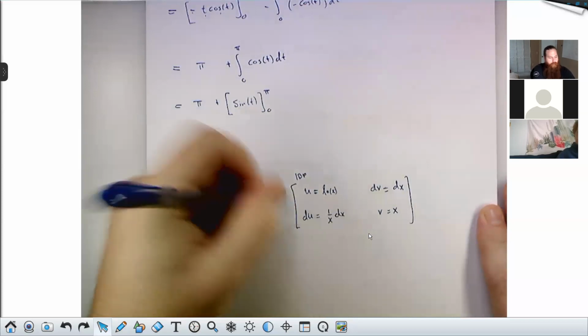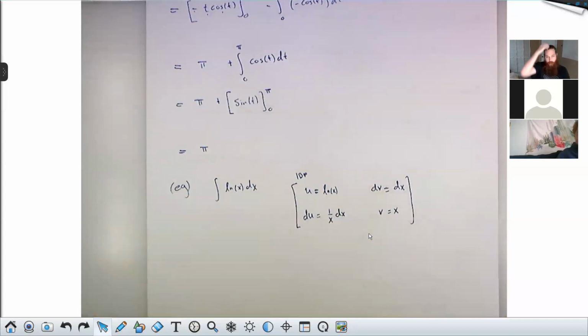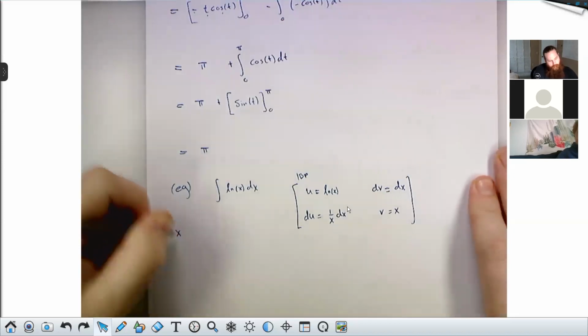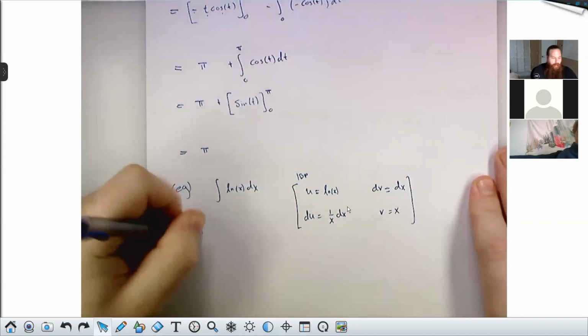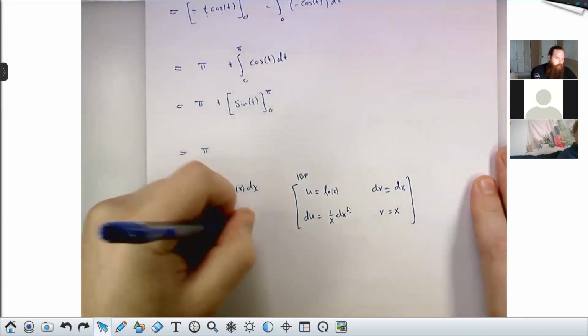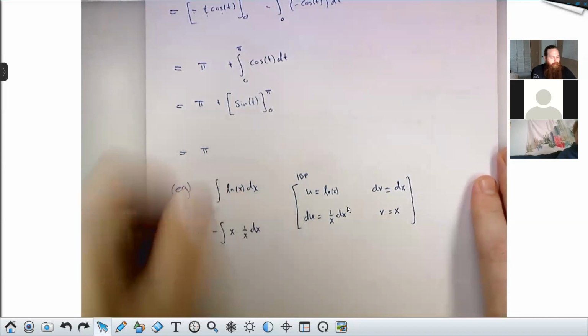I imagine now you're starting to see why I said I don't like using the letter u for a substitution, because if this said ln of u, then this could get very confusing. If I go ahead and run my IBP formula now with this table, u times v is x times the ln of x. And then minus the integral of v times du, that's x times 1 over x dx.